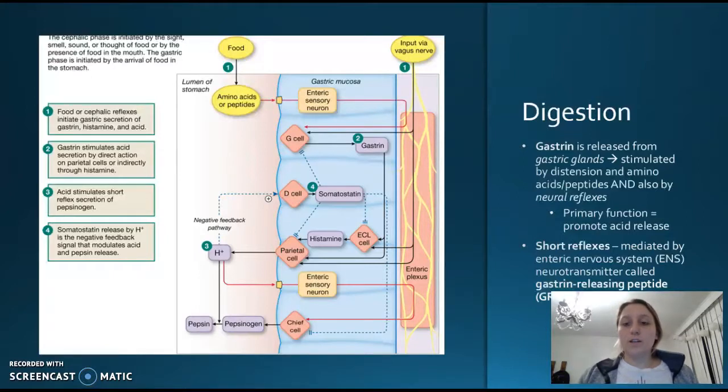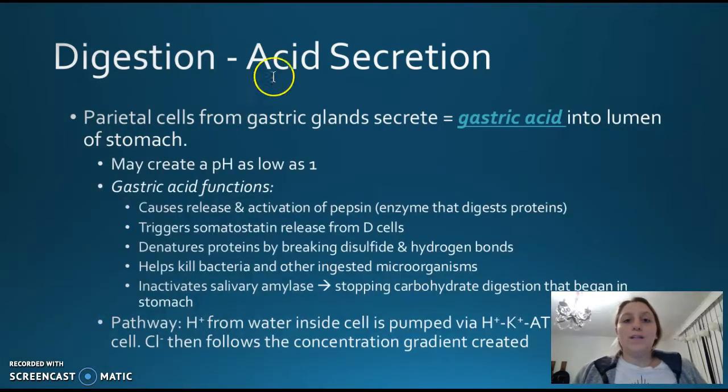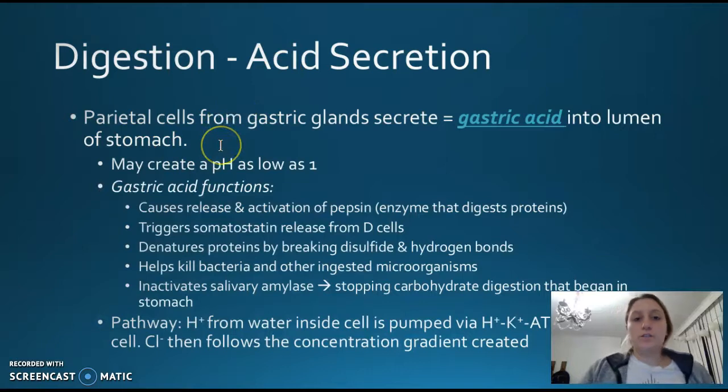Short reflexes are mediated by the enteric nervous system and a neurotransmitter called gastrin-releasing peptide. If you look at the diagram, at number 3, it says that the acid stimulates the short reflex secretion of pepsinogen, which we will talk about in a future slide.